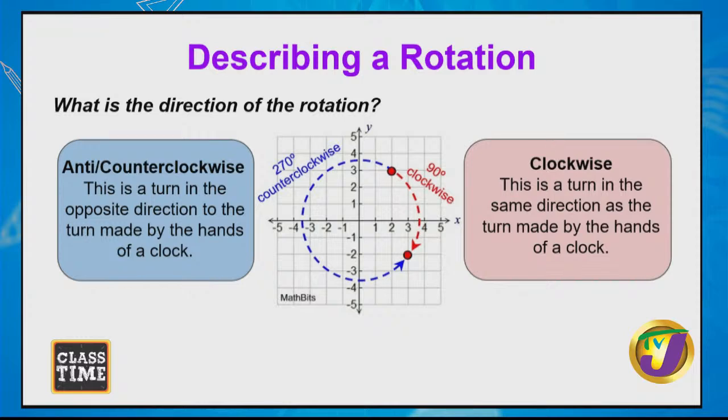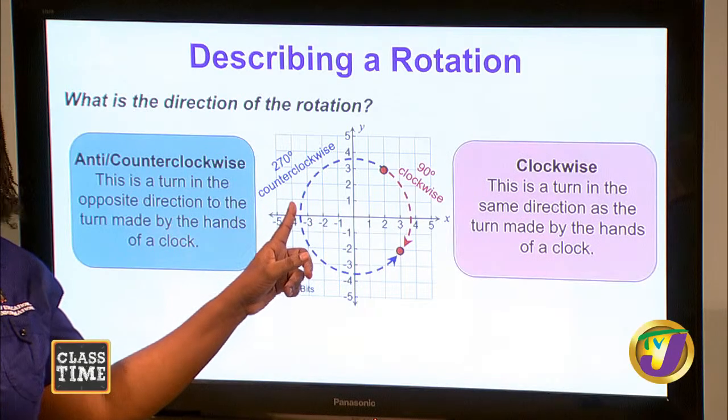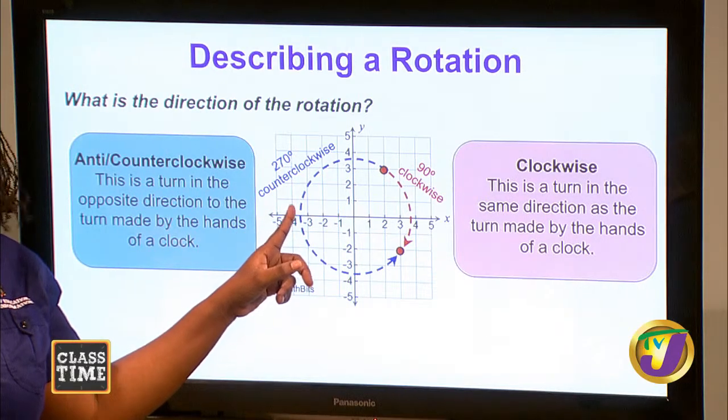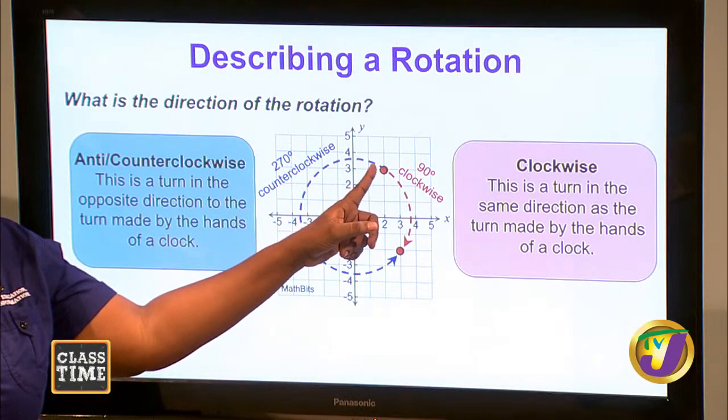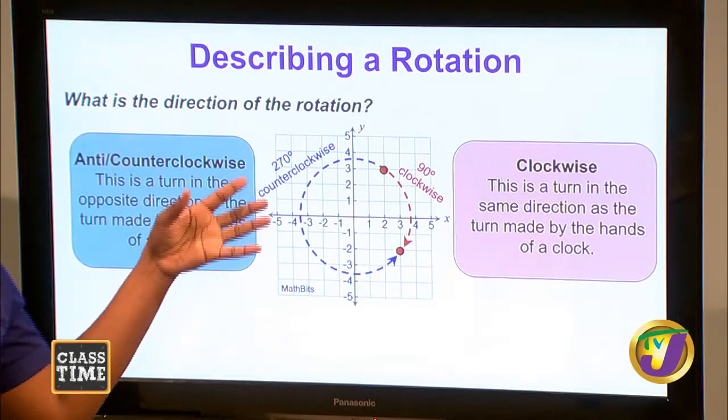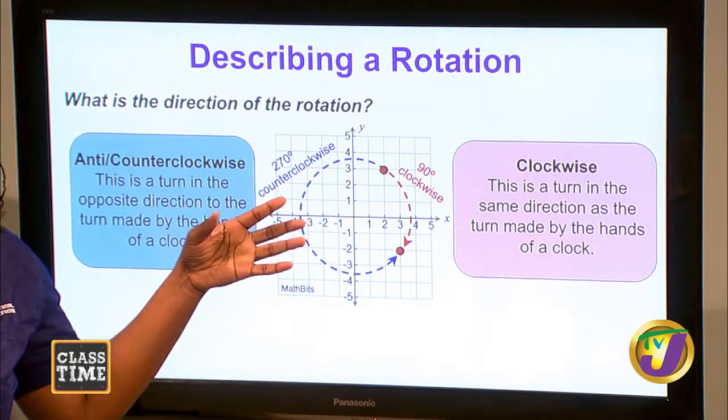Suppose, for argument's sake, I did a 90-degree counterclockwise rotation, and I did a 270-degree clockwise rotation. You're saying, based on this picture, that I would get the same result as well. You should.